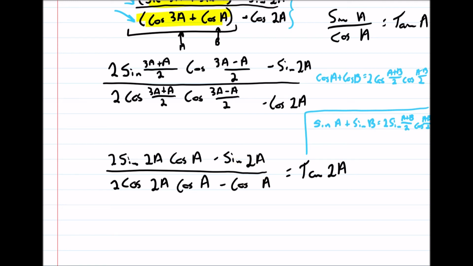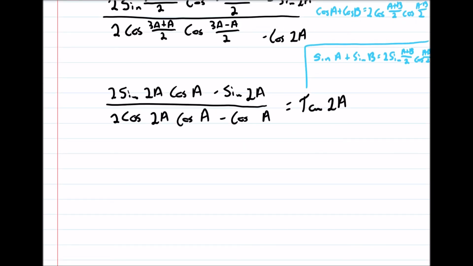So how can I manipulate that? Right, I'm going to start just factorizing. If I take out the sine 2a, now what do I have to multiply sine 2a by to get back to this?